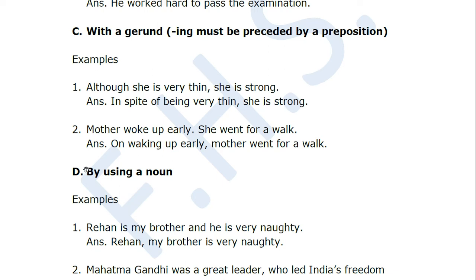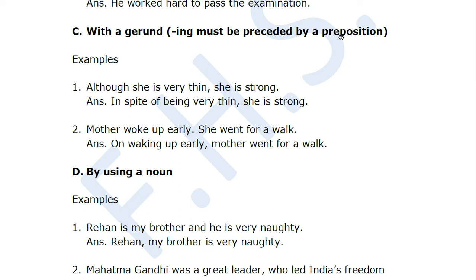Next one. Mother woke up early, she went for a walk. What are your two verbs? Woke and went. Now, which one can you change? Yes, you can make this into ing. Remember, you have to make it into ing over here. So you can say waking up early, mother went for a walk. But you have to have a preposition.